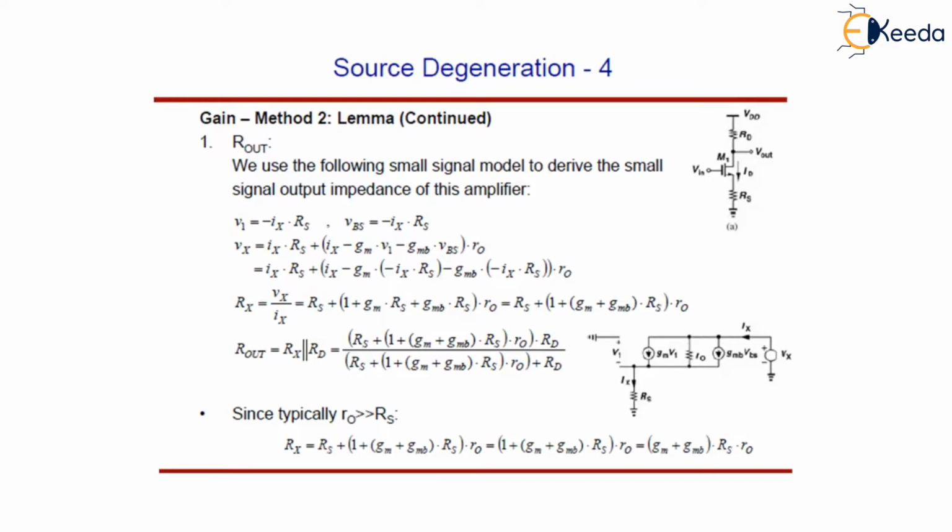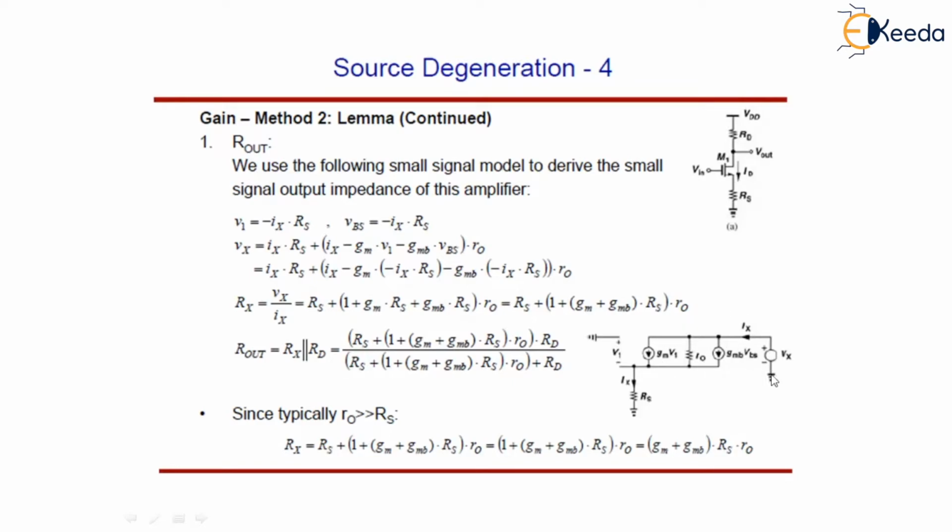So V1 can be written as minus of IxRs. VBS, this voltage drop, can be written here again as minus IxRs. Okay, and Vx, the voltage drop at this output, can be written as Ix into Rs, this voltage. We have applied a KVL over this circuit.